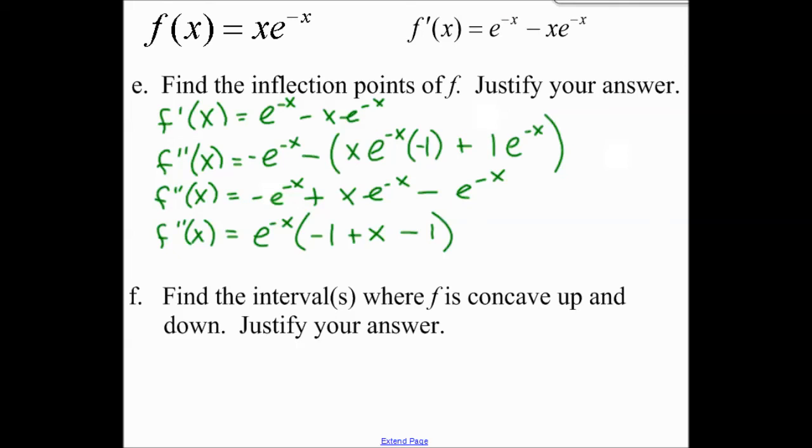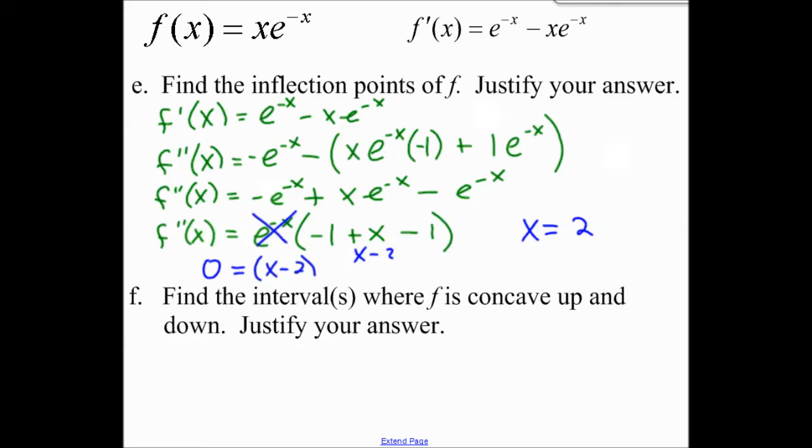As we established, e to the negative x never equals 0, so I don't even need to worry about it, and I'm just concerned about x minus 2. Well, I know that's going to equal 0 if x is 2. So therefore, x equals 2 is a possible inflection point.